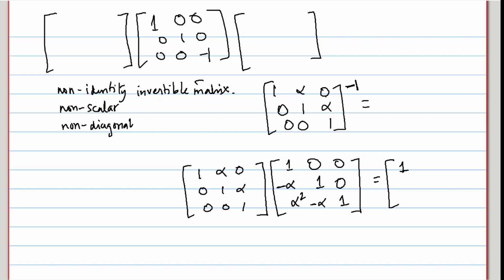Its adjoint will be 0 0, alpha square, 1, 0. This will be alpha d, 1.